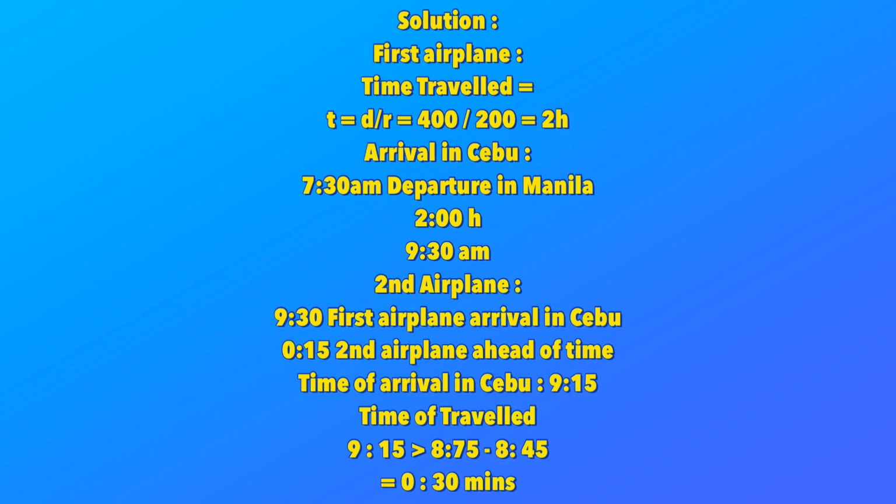So for the travel time, from 9:15 we're going to borrow, it becomes 8:75. Then we are going to subtract 8 hours and 45 minutes. So 8:75 minus 8:45, we have 30 minutes, the travel time of the second airplane.